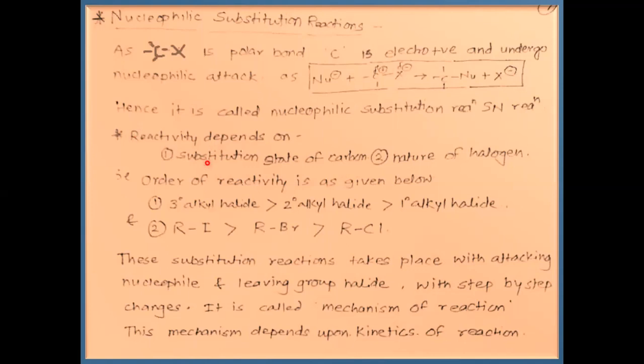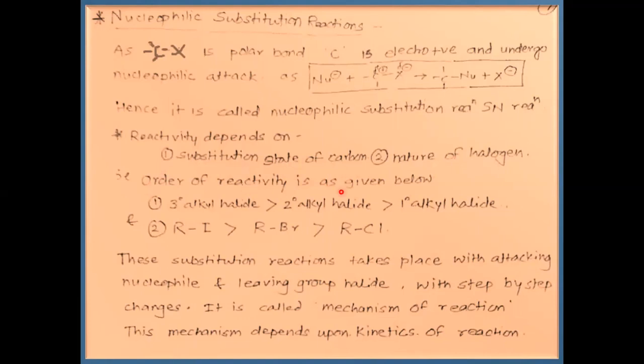Now reactivity depends on, first, the substitution state of the carbon atom, and second, the nature of the halogen. Substitution state of carbon means whether carbon is primary, secondary, or tertiary, and nature of halogen means whether X is chlorine, bromine, or iodine. Depending on these two factors, the reactivity of nucleophilic substitution reactions can be explained.